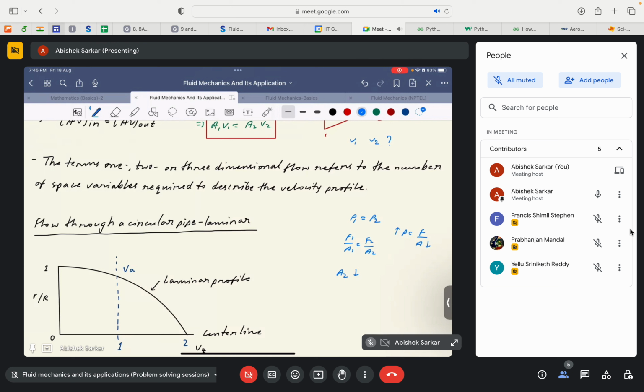See, this relationship has a very proper implication in the domain of fluid statics, where the flow is stationary.